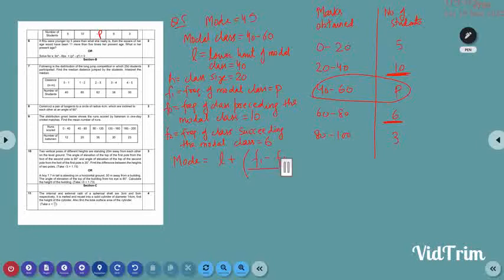This will be 4P minus 2P minus 40 plus 16 is equal to 0. So this will be 2P minus 24 is equal to 0, which implies 2P is equal to 24, and therefore P will be 24 by 2 or 12. So the missing frequency in this table is 12.